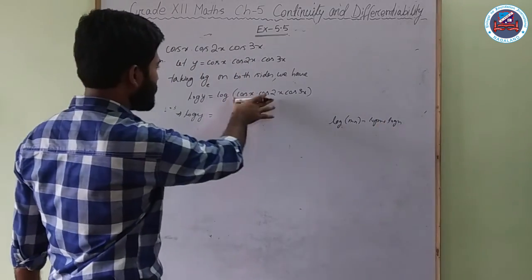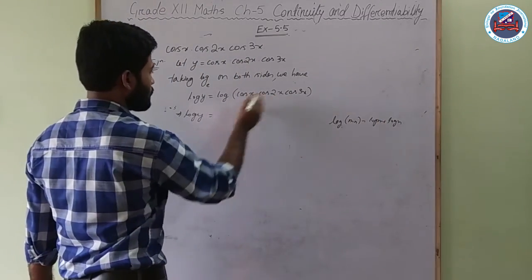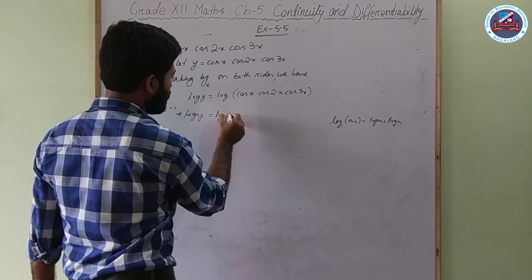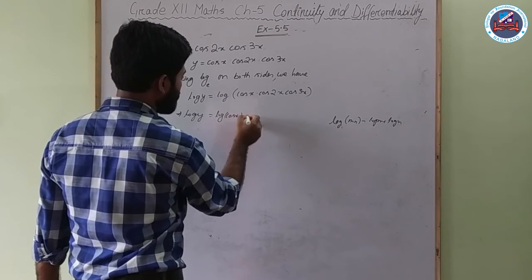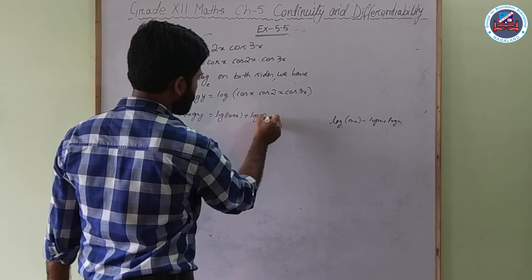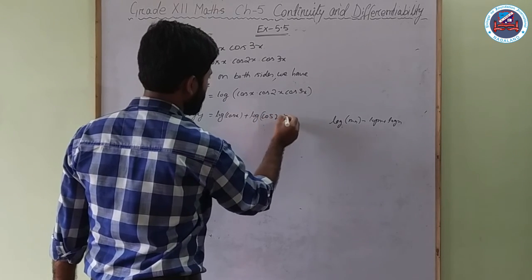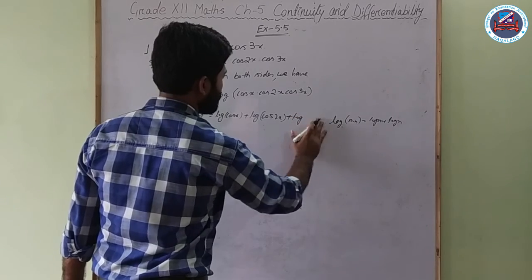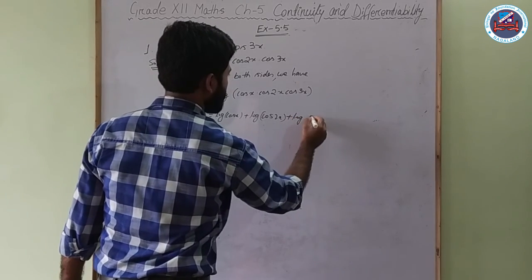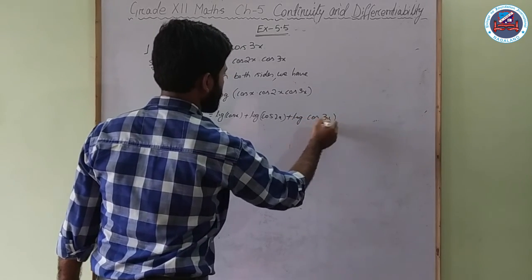So you can use this property here. These are in the product form. So this will be equal to log of cos x plus log of cos twice x plus log of cos thrice x. Fine.